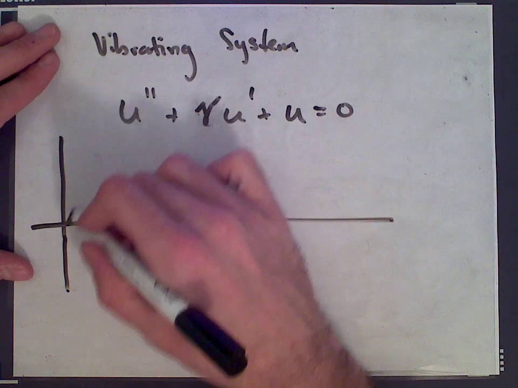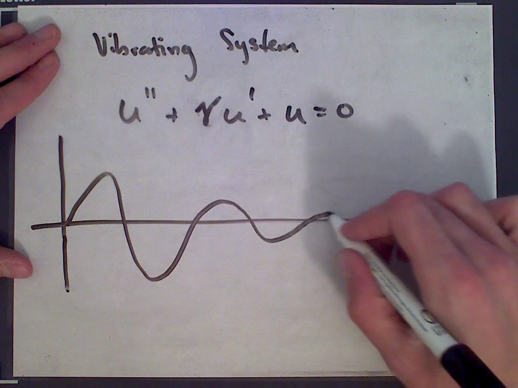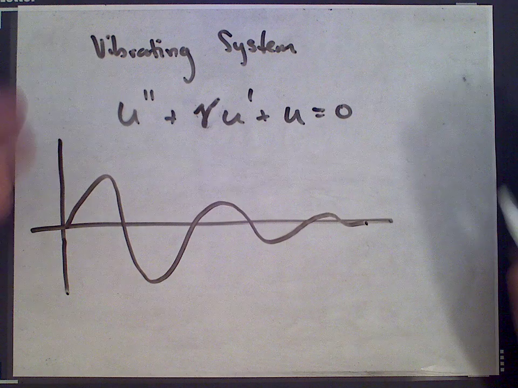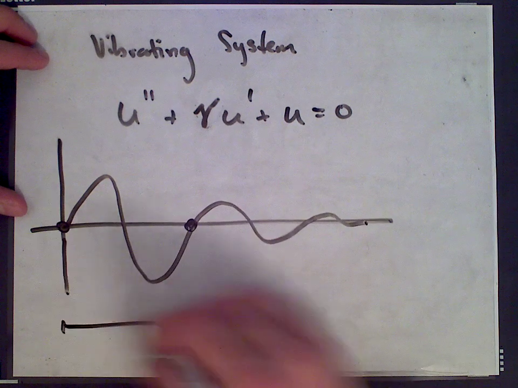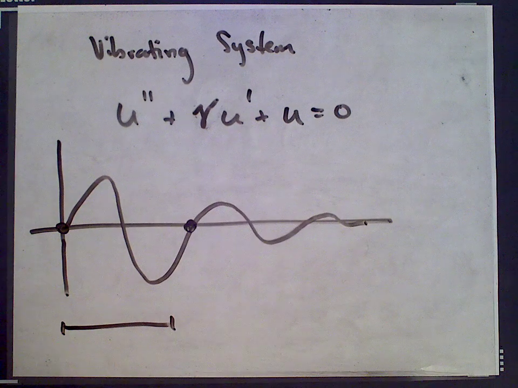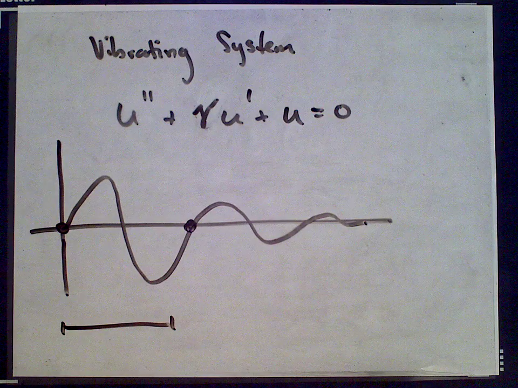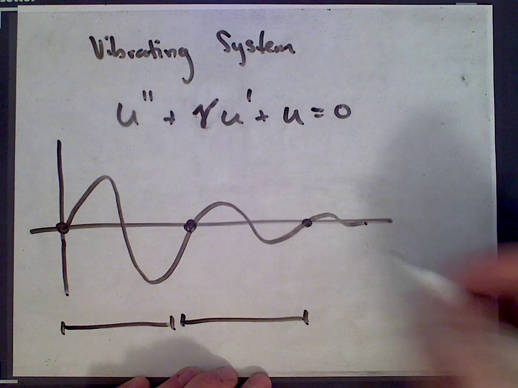Just as an example, a damped system might look like this, eventually getting smaller and smaller. The quasi-period would be the time from here to here. That would be one example. A second would be here to here, quasi-period, and so on.